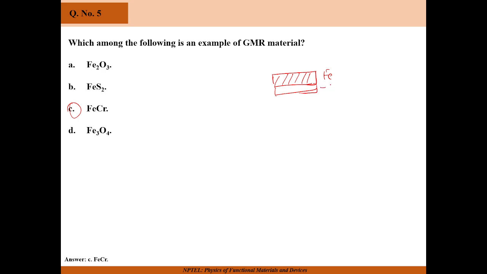This is the magnetic layer, particularly the ferromagnetic layer, and this is the non-magnetic layer. So this will act as a GMR multilayer. Okay, fine. Let's move on.